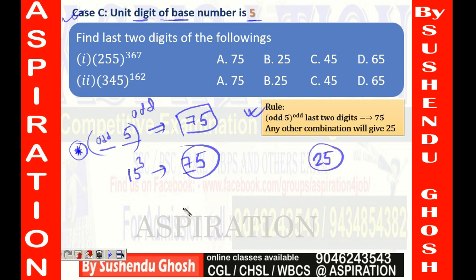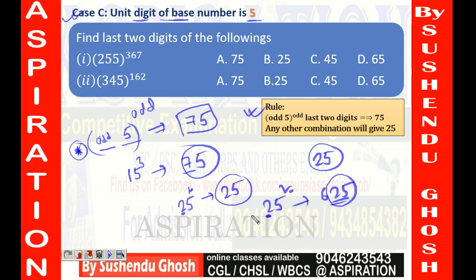Means if we perform 25 to the power 1, that will always give you 25. 25 square means the tens digit is even and the power is also even. This also gives you 625, means 25 as the last two digits.